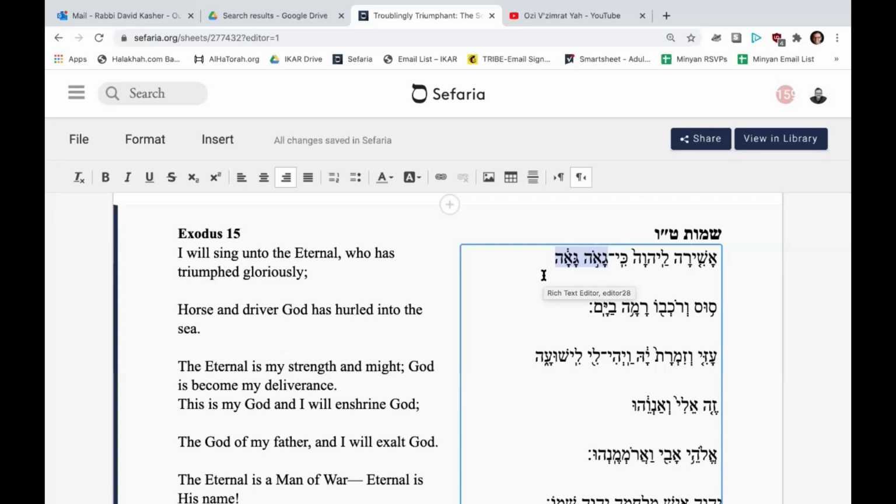Ani ge'a baze, I'm proud of that. So it's almost like I'll sing to the Lord who is prided with pride, right? That might be a more accurate translation, but that's a little weird. So I will sing unto the Eternal who is prided with pride, who has triumphed gloriously. Horse and driver God has hurled into the sea.